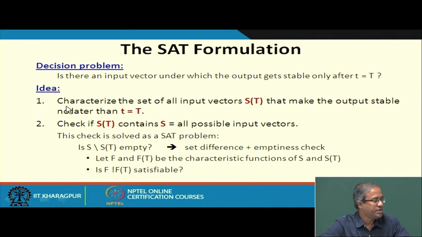So, here we are trying to characterize the set of all input vectors S_T that make the output stable earlier or at t equal to T, no later than that. So, S_T is a notation which denotes all vectors for which the signal becomes stable within time T, and capital S denotes all possible input vectors.